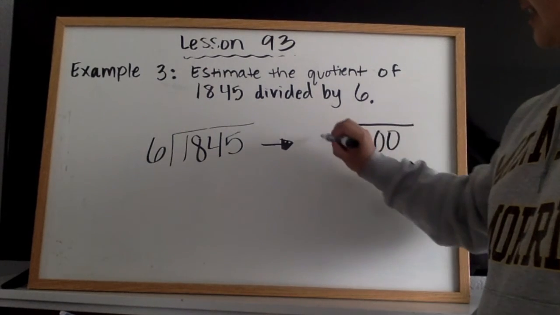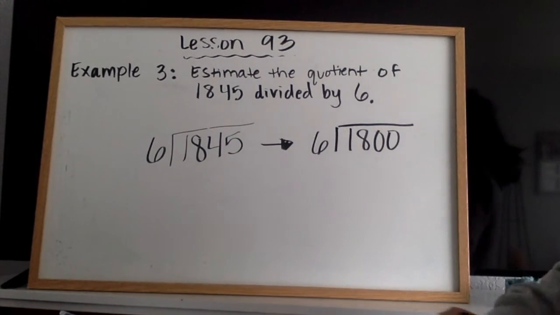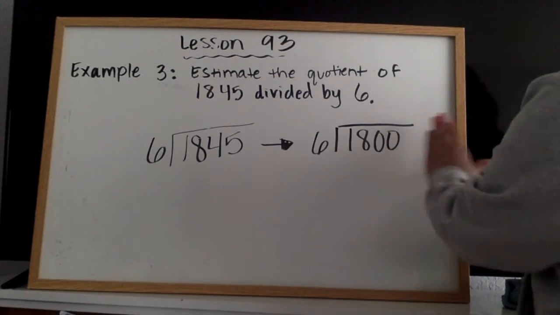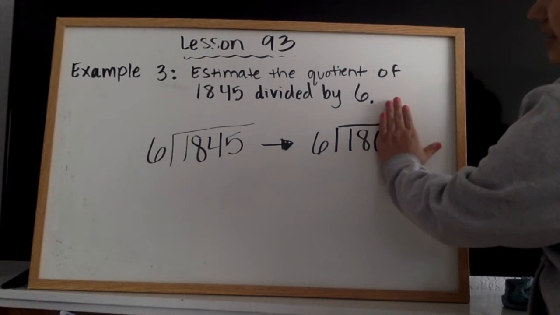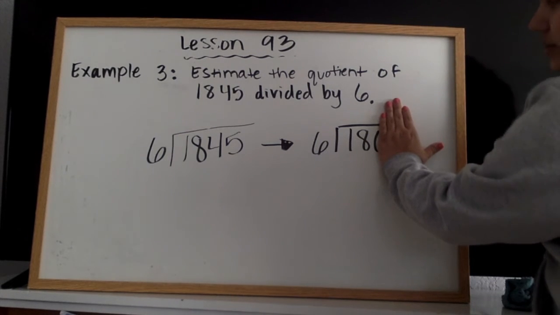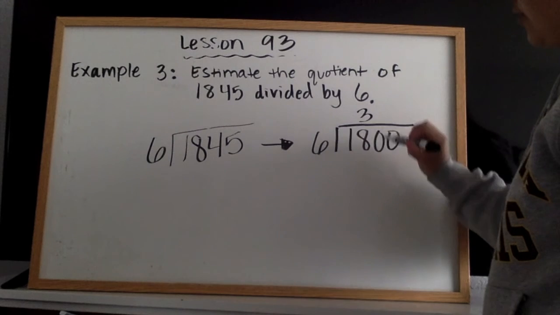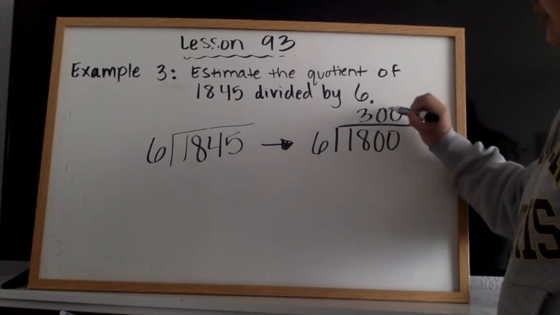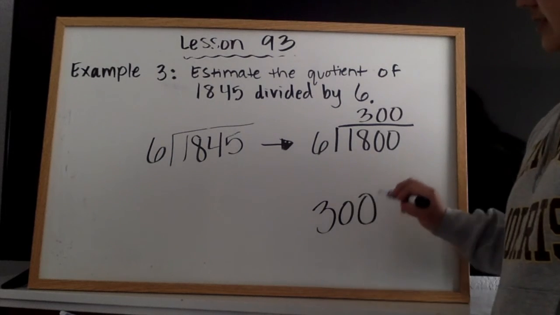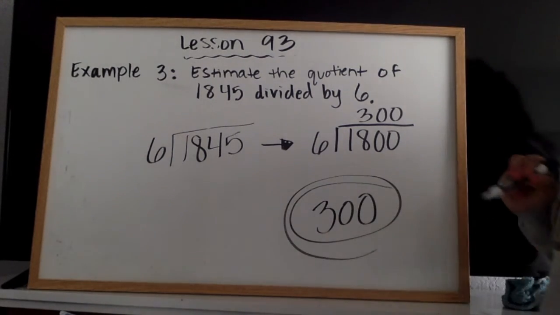Now if I divide that by 6, we can actually do this in our head because these are multiples of 10. You can cover up those zeros, and you know that 18 divided by 6 is 3. And then you have those 2 zeros there. So actually, just to estimate this, you would get 300.